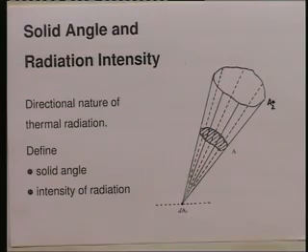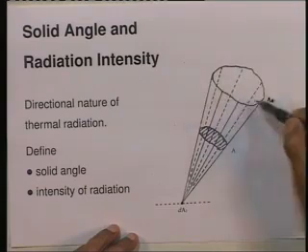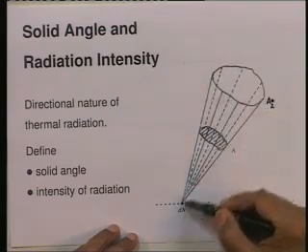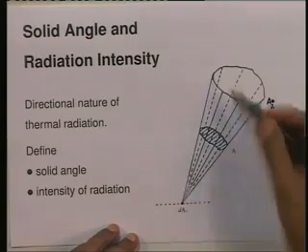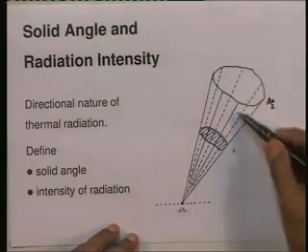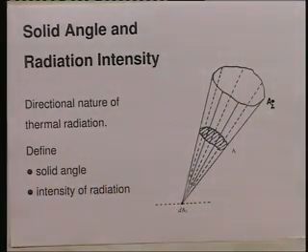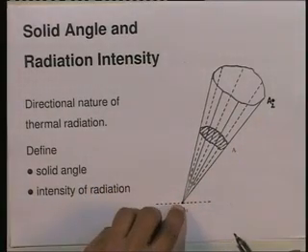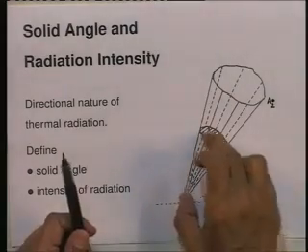So, what we will do is the following: join the perimeter of A2 to the point dA1. You will get a cone like this. Then with center at dA1, draw a sphere of unit radius.